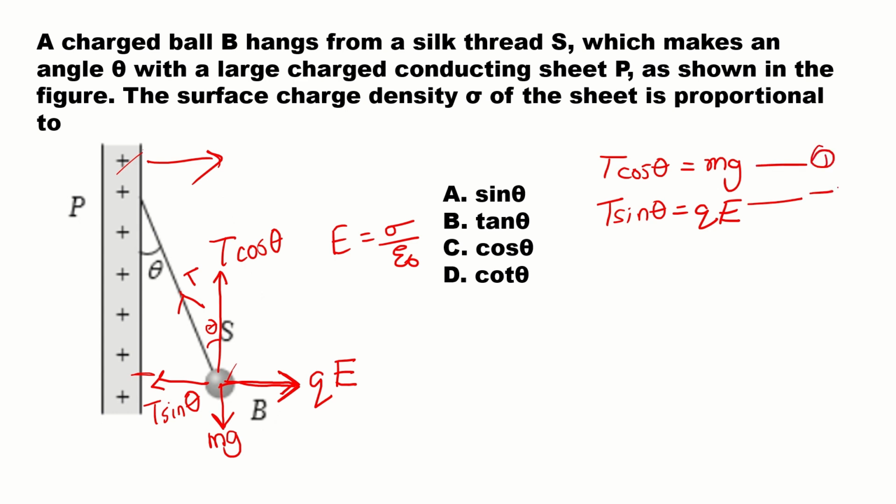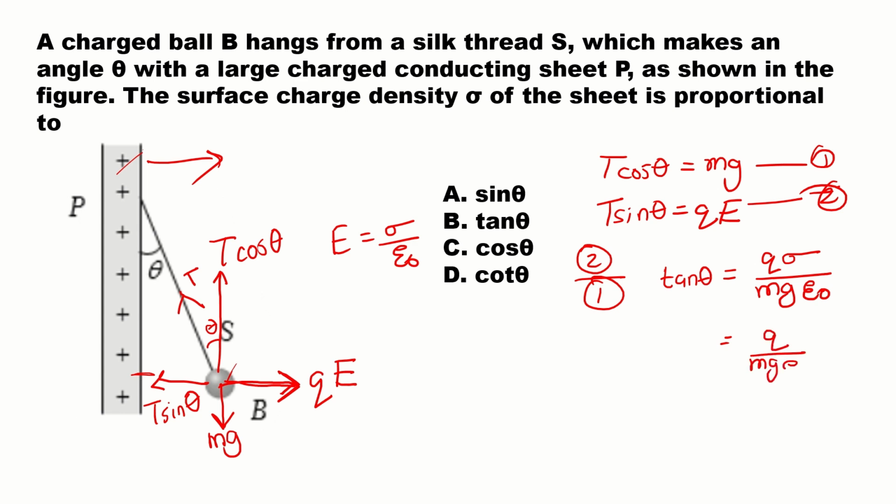So if this is equation 1 and this is equation 2, we do equation 2 by equation 1, we get tan theta is equal to Q into sigma by mg epsilon naught, which is, if we take sigma outside, Q by mg epsilon naught into sigma, where Q is the charge of the ball, which is not changing.